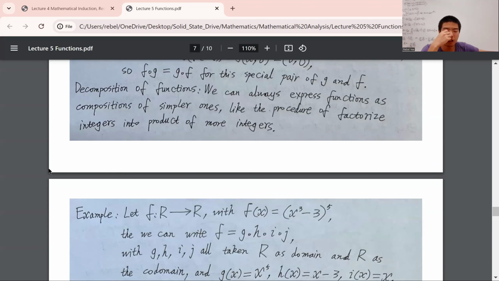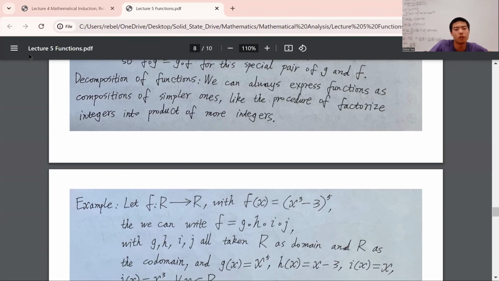And we can do the composition of functions. We can also go the inverse way, the converse direction, which is the decomposition of functions. We can always express a function as a composition of simpler ones, like the procedure of factorizing integers into a product of more integers. For example, 6 times 3 is 18, and you can also express it as 6 times 3 times 1 times 1.